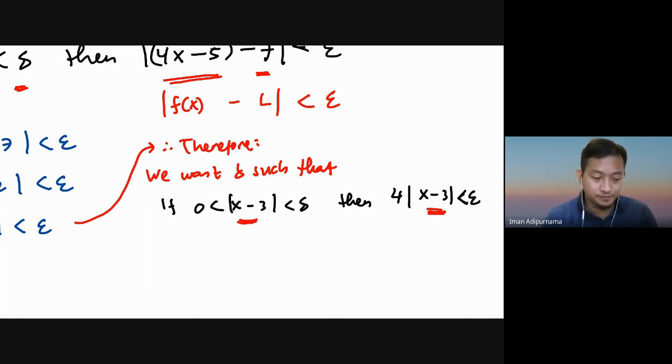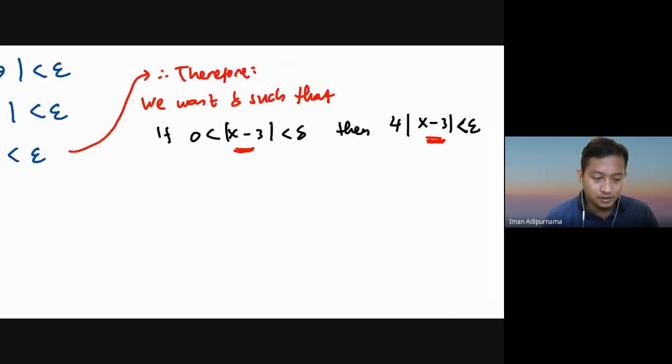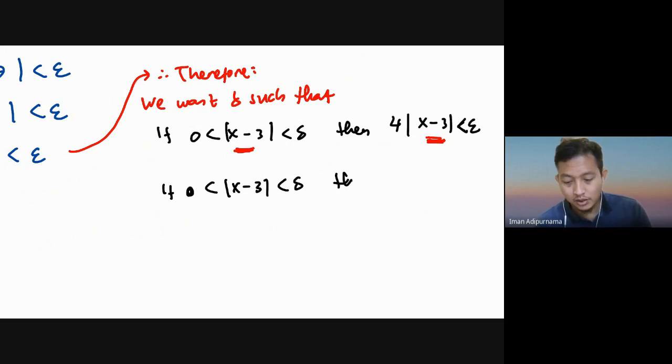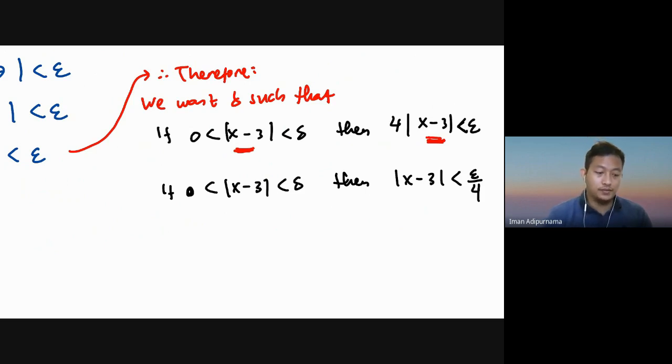So if we want this to be true, then we can select the delta to be epsilon over 4. Then we suggest delta is epsilon over 4.